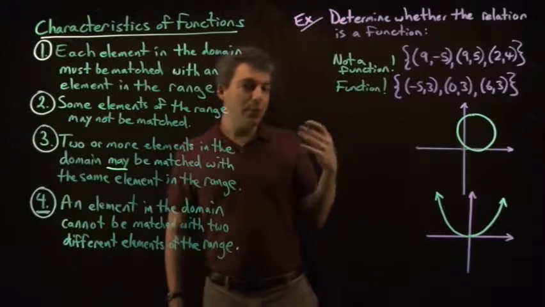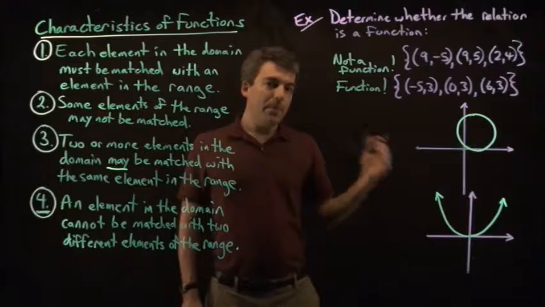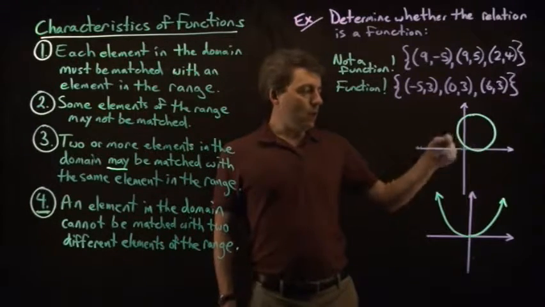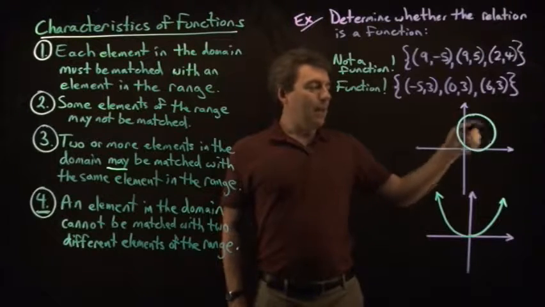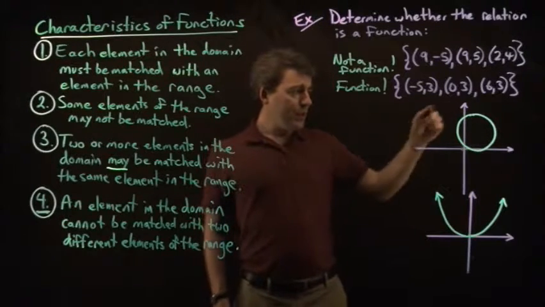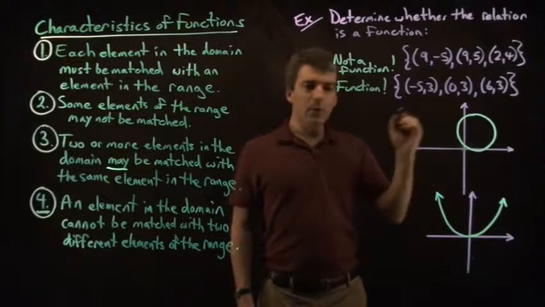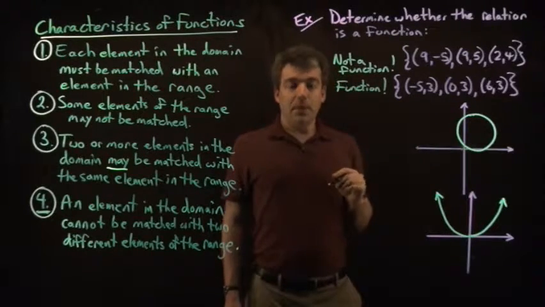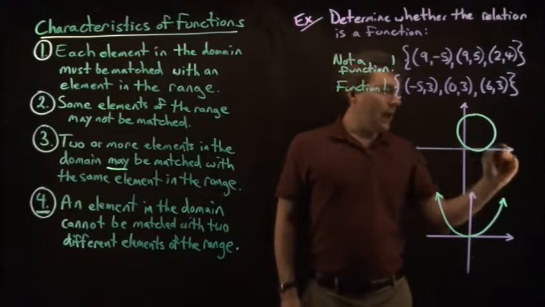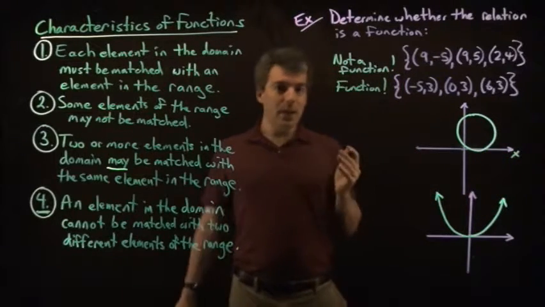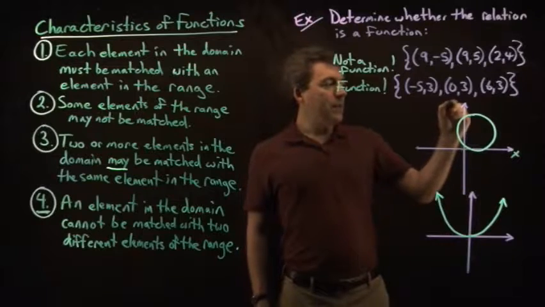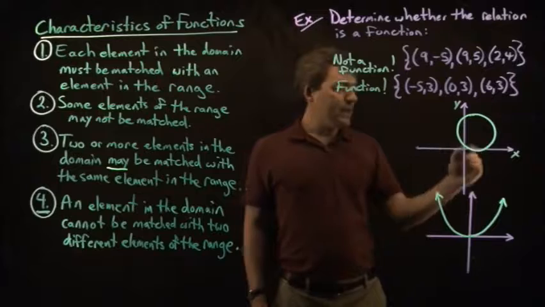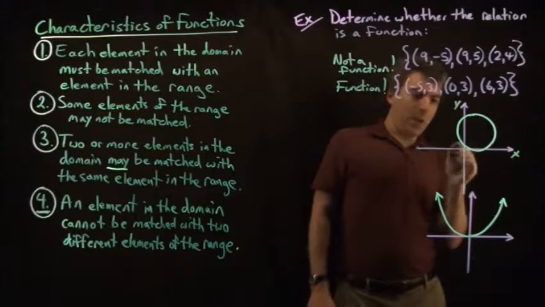Right, we can also represent a relation with a graph. Now, a graph is just a bunch of points, right? And then we draw a line to kind of represent those points. So let's look at this example. Here we have a circle-like shape. Is this a function? Well, we consider the x-axis to be the set of inputs and the y-axis to be the set of outputs. Here we can see that we have some domain, right?